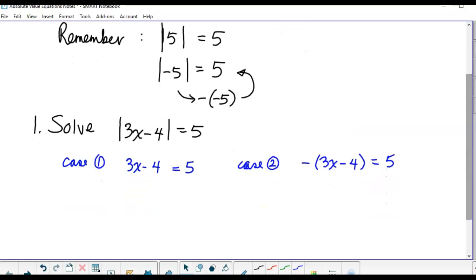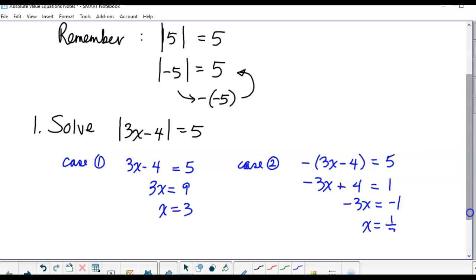Now I solve these. And then I want to check to see if both of them work, if one of them works, or if none of them works.